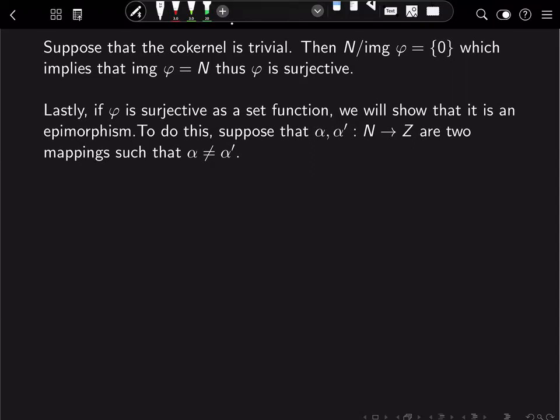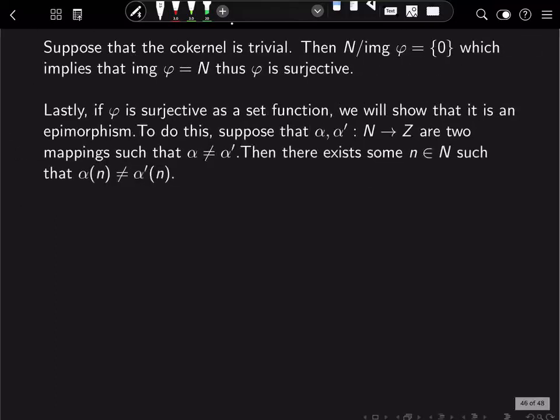So we're going to show that if alpha is not equal to alpha prime, that implies that alpha composed with phi is not equal to alpha prime composed with phi. So we're going to have two maps that are different. So there must exist some element n in capital N such that alpha of n is not equal to alpha prime of n. This is necessary because if that doesn't happen, then these are in fact the same function.